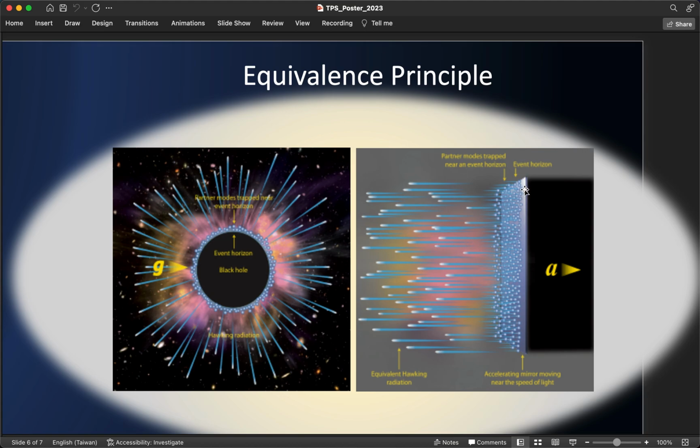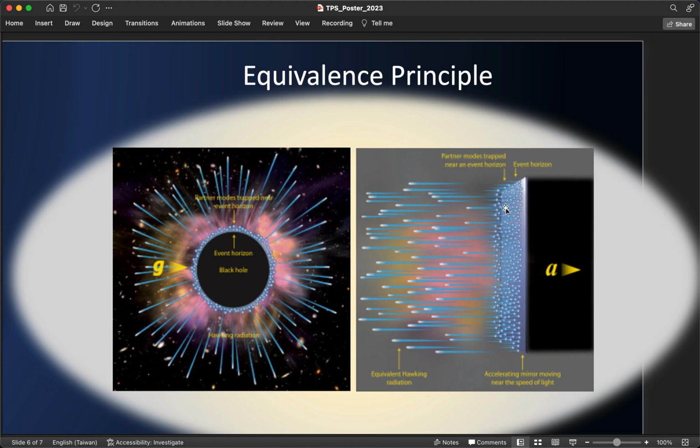Equivalently, if we have an accelerating mirror moving near the speed of light, and it has a very large acceleration a, with the equivalence principle, it's like the large gravitational field around the black hole.